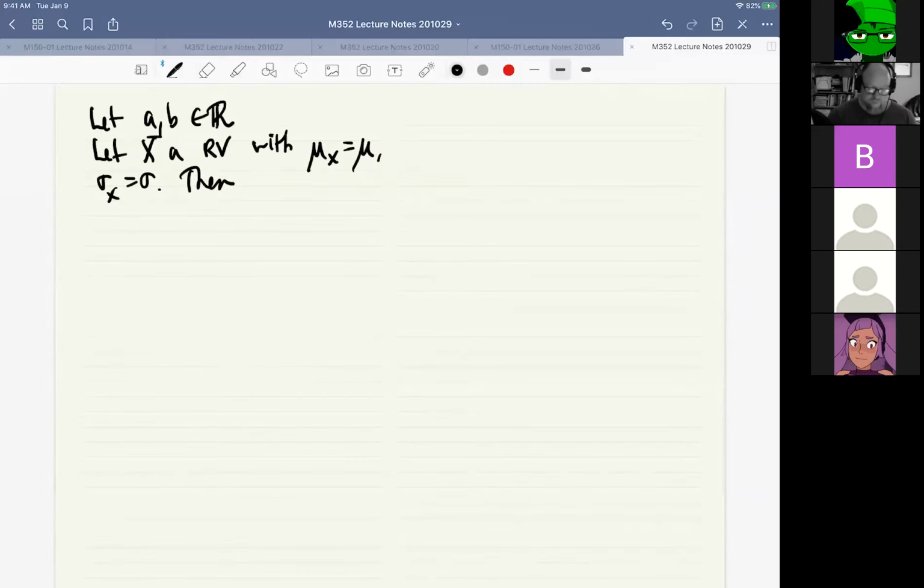Then suppose I create a new random variable by adding B to everything. So the question is, what's the new mean and standard deviation of this random variable?